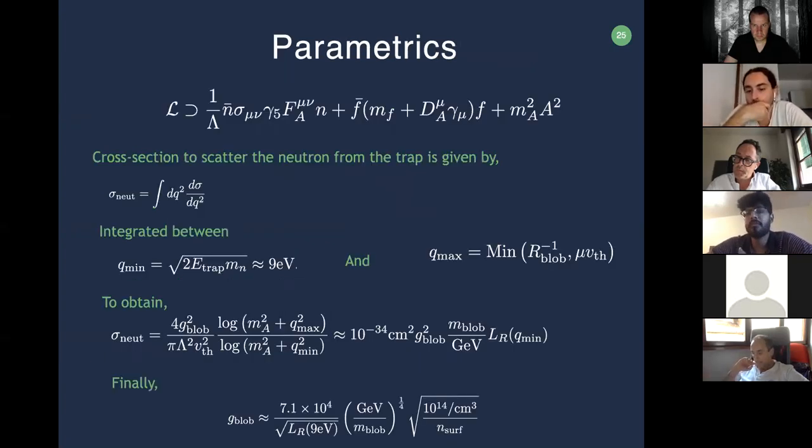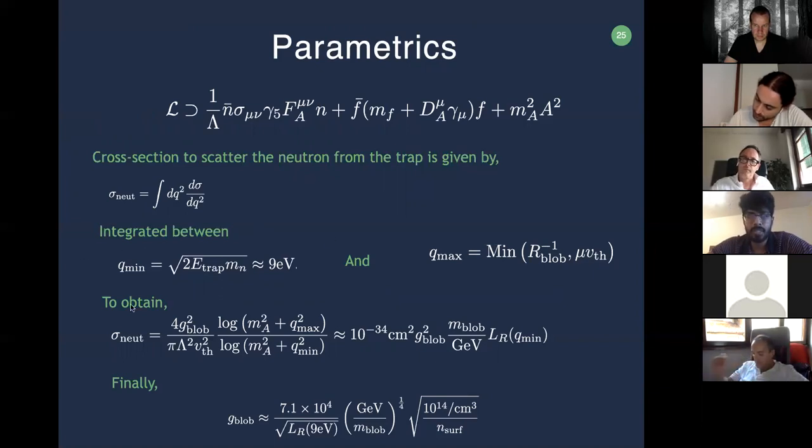Just to see what kind of parameters are allowed, here's my Lagrangian again. And the cross-section to scatter with a neutron from the trap is given by this expression, dσ/dq². And I'll integrate, of course, from q_min, the minimum momentum I need to excite the neutron from the trap, and the maximum momentum, which is either set by the momentum in the center of mass frame, or by the size of the blob, which we just saw in the previous slide.